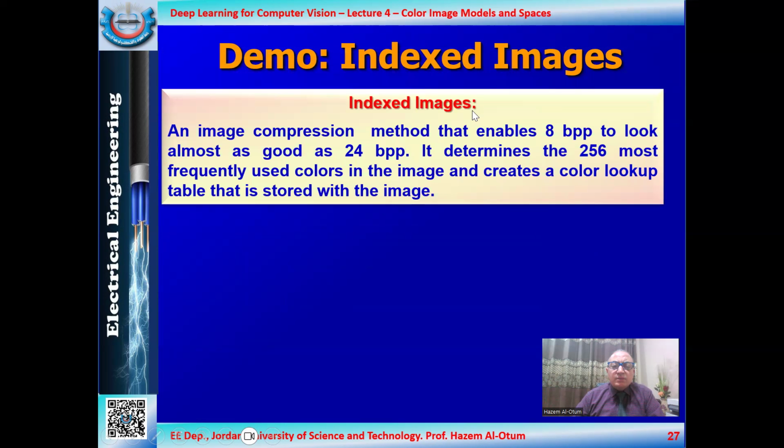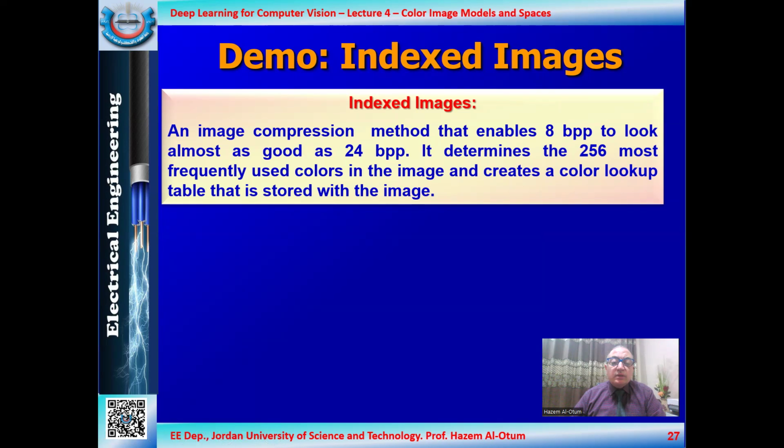Now, we use some sort of compression technique, lossless compression. We are not going lossy. I'm going to use some details in the color image to reduce the size and keep a good and pleasant output. Instead of having 24 bits, we may just have 8 bits or 256 colors in the image. So the main idea behind indexed images is the following.